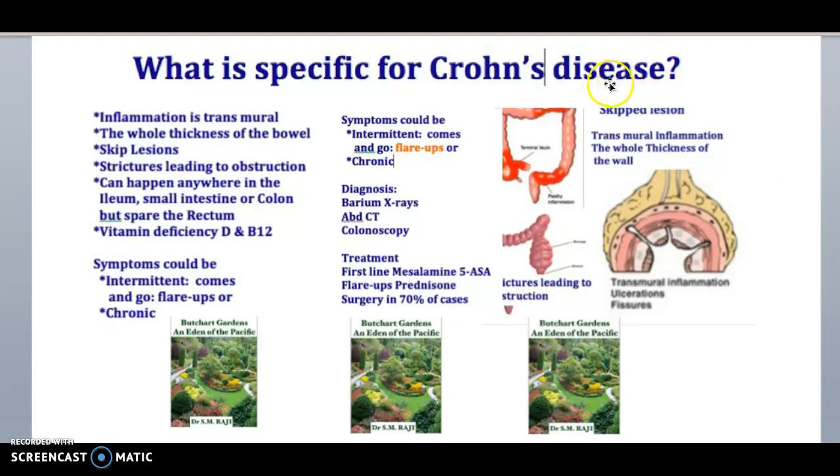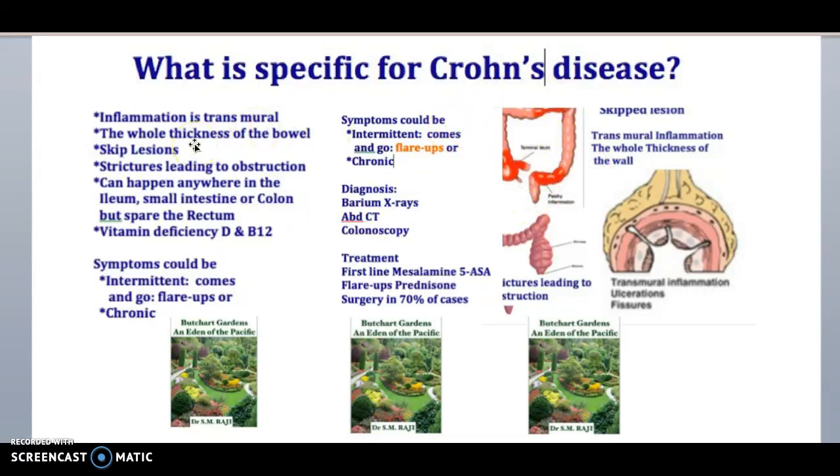For Crohn's disease, the inflammation is transmural, meaning the whole thickness of the bowel is affected. As you can see here, it does skip lesions. In the colon, some parts are affected and some parts are not, and it does not spread continuously throughout the colon.